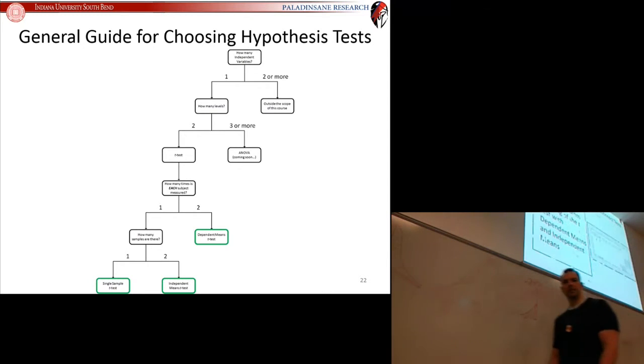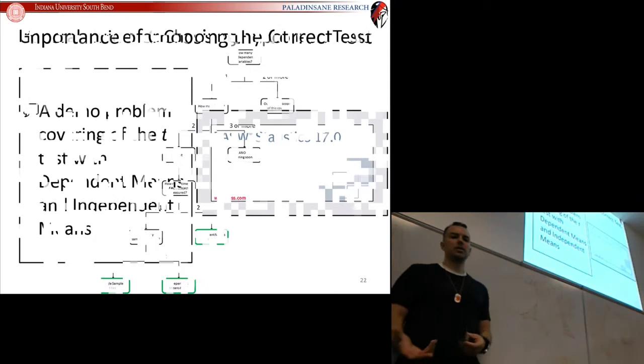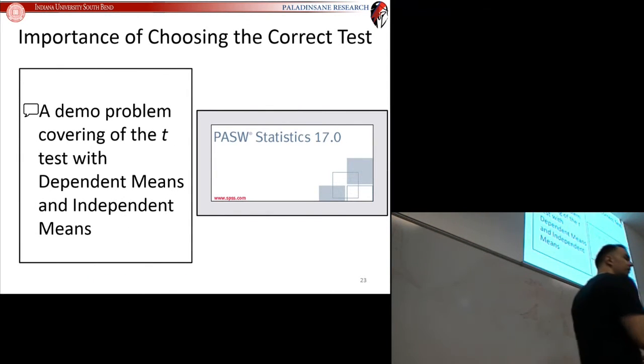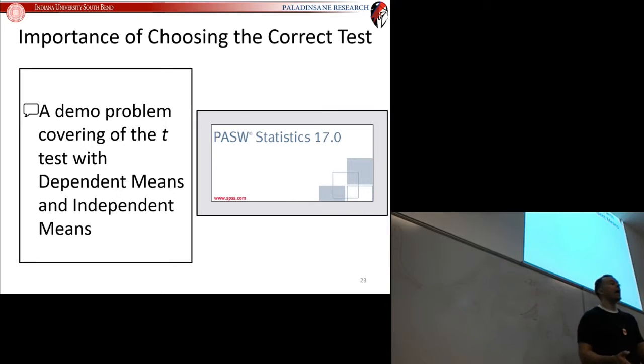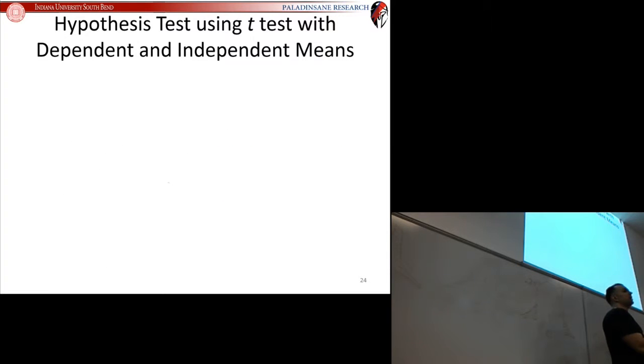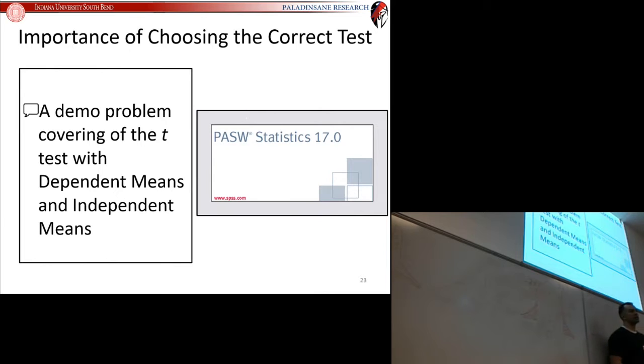All right. Okay, so what we're going to do right now is take a look at the importance of choosing the correct test by doing a demo problem that can be done as a dependent means test and also can be done as an independent means test. The first thing to realize about the importance of choosing the correct test is that the data oftentimes will not do that for you.